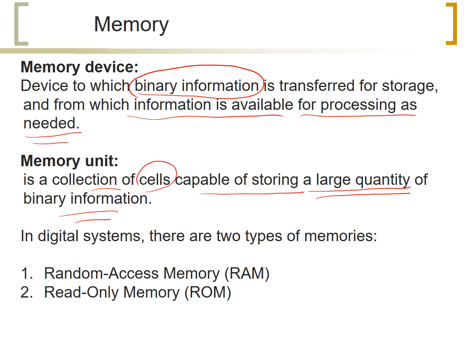And in digital systems, usually we distinguish between two different types of memories. The very famous random access memory, which is called RAM, and the read-only memory, which is called ROM. These abbreviations are very well known to everyone.